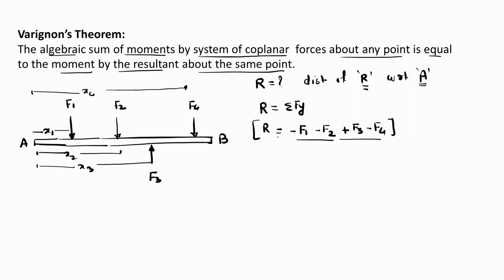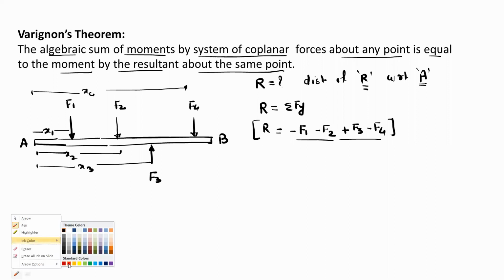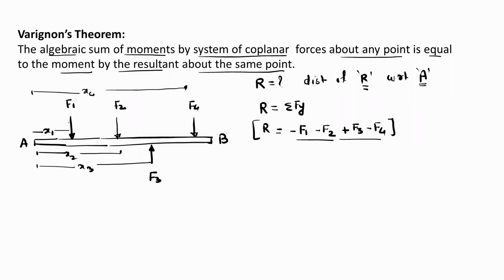This resultant will act somewhere between A and B. We don't know the exact location. So assume the resultant will act in the downward direction like this. Suppose the R value comes out to be negative.